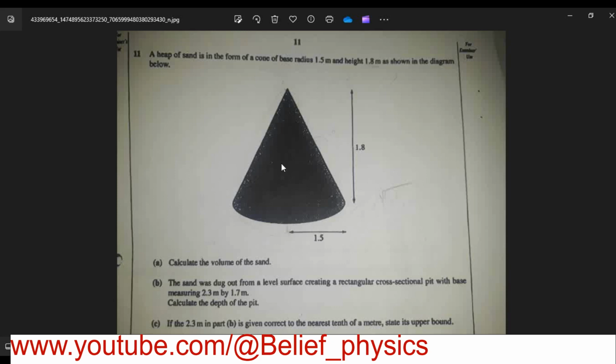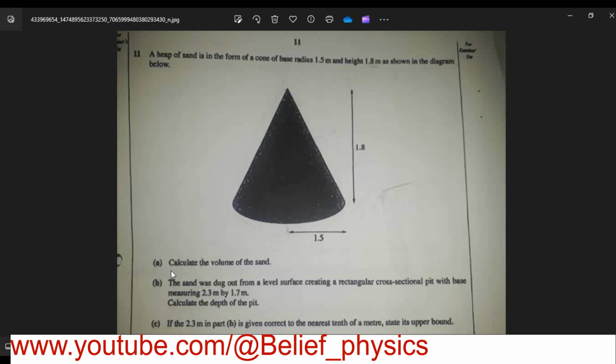The volume of this cuboid is equal to L into B into H. L is 2.3, breadth is 1.7, and H we have to find. So L into B into H should be equal to the answer of part A. Then we will manipulate it algebraically and we will get the value of H.